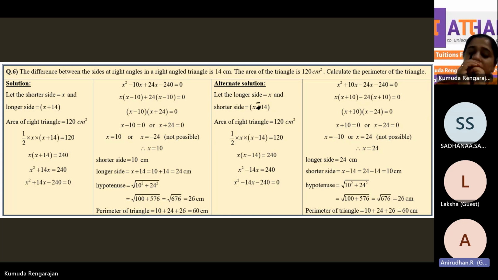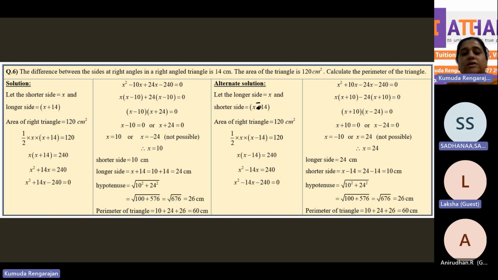Anirudhan completed. Okay. Lakshya, Sadhna, and Sabarna completed, ma'am. All right, children. Fine.